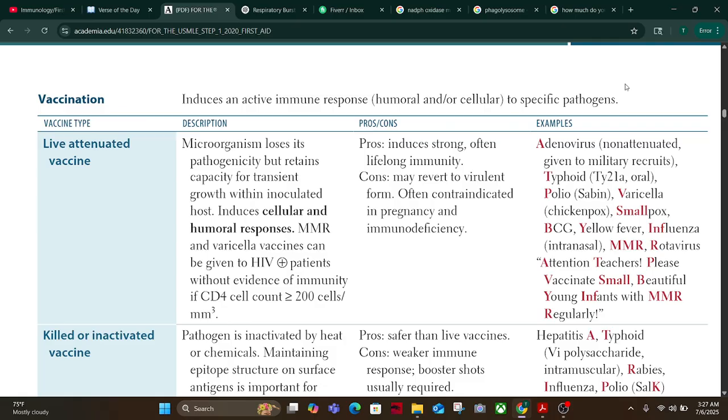A humoral response means that it increases the immunoglobulins and memory cells in the body. And here it says you can give live attenuated vaccine to HIV patients if their CD4 cell count is over 200 cells.